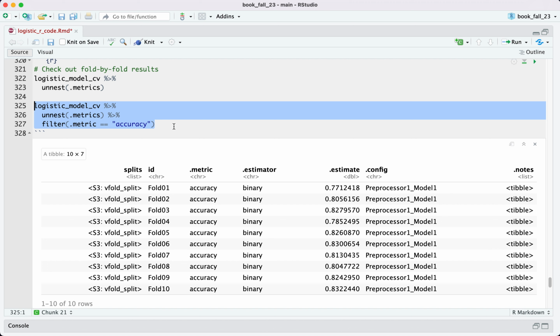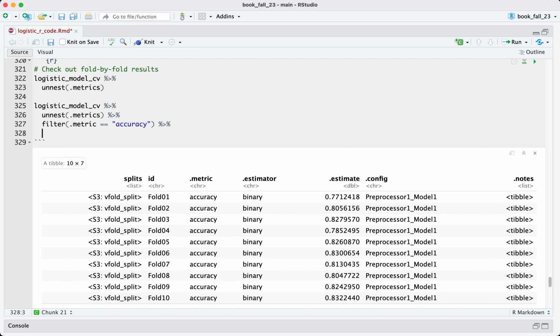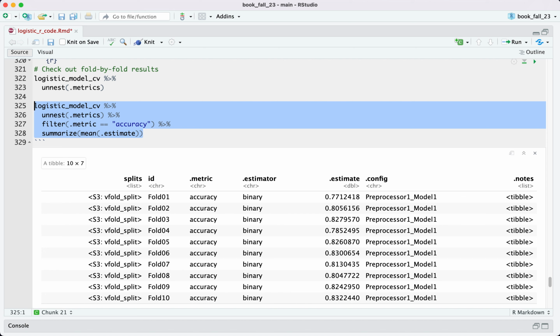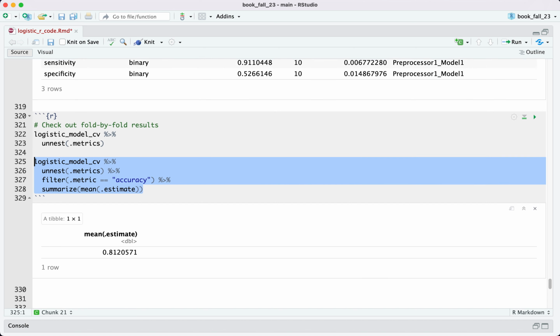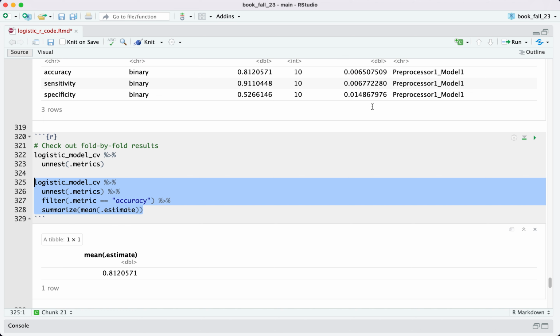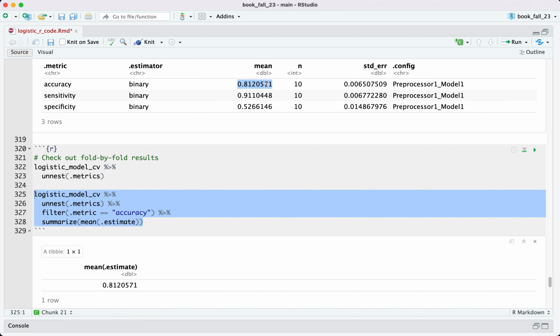So I have folds 1 through 10, ignoring sensitivity and specificity here, and I want to summarize the mean estimate of the accuracy. Again, each fold gives a different estimate, and I want to calculate the average accuracy, which was roughly 81.2%, the same number expressed in collect metrics above. And that's our logistic regression model, at least for now.